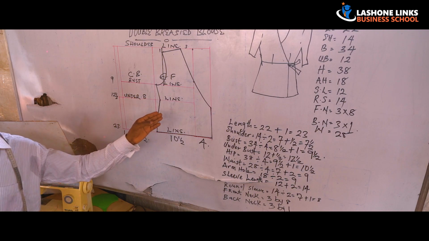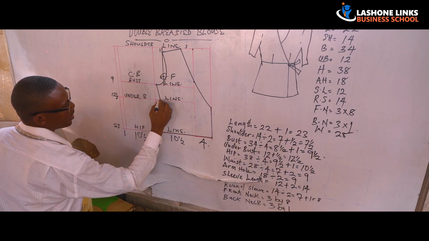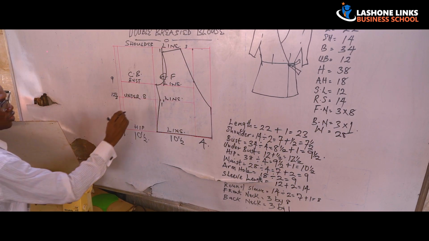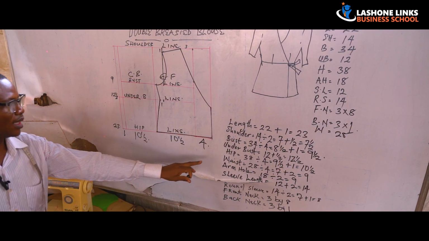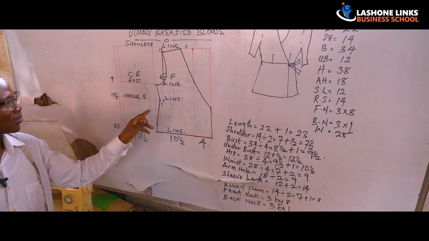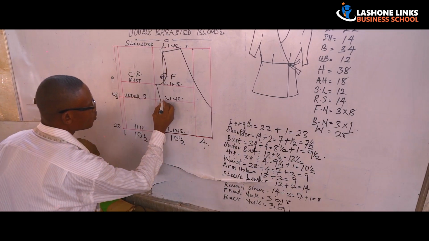Then you mark out the dart position. How will you get that position? From this line, you measure 1 inch. Divide the measurement you have there. You know, at the waist, we have 9 inches. You minus 1, it will remain 8. 8 divided by 2 is 4.